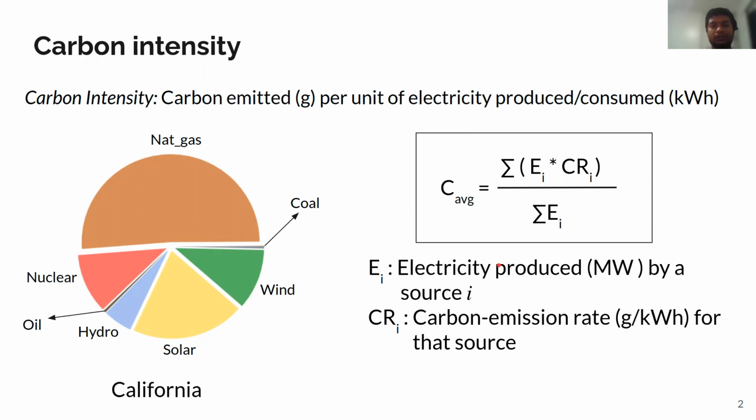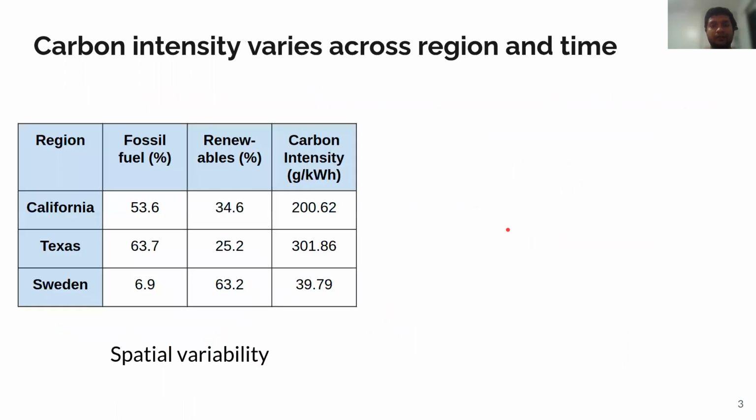The average carbon intensity is an indicator of how green the source mix is and how green the electricity produced on average is for a particular region. The lower the value of the average carbon intensity, the greener is the source mix and the greener is the electricity produced on average for that region. However, this value is not fixed and it varies across region and across time.